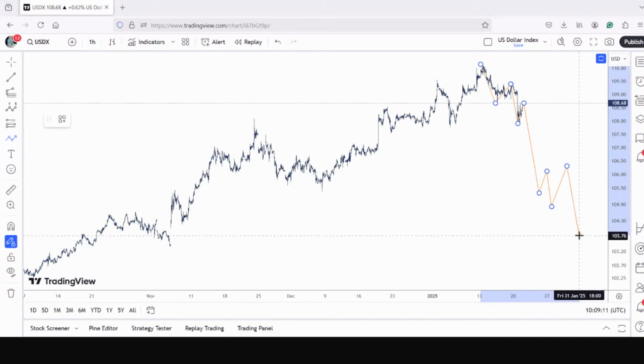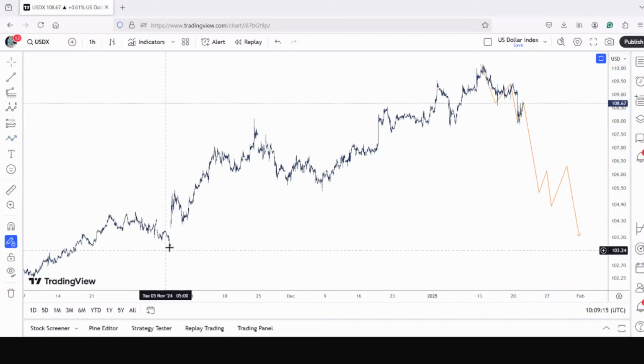So this could be the trajectory for the dollar index, and don't be surprised at all if it goes all the way towards 103, but it needs to go at least towards 106, if not further. All right, at least 106.